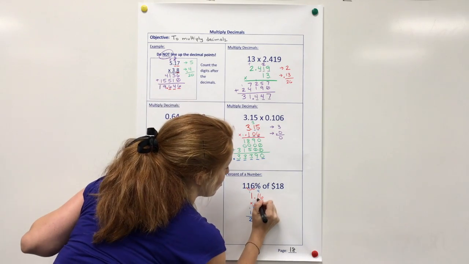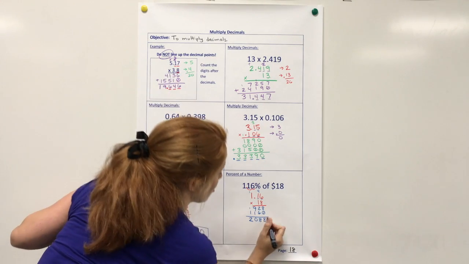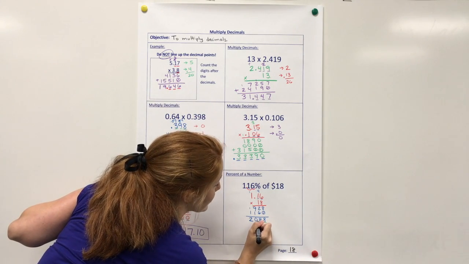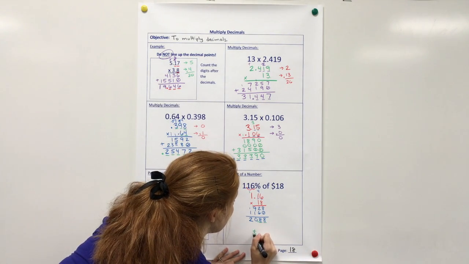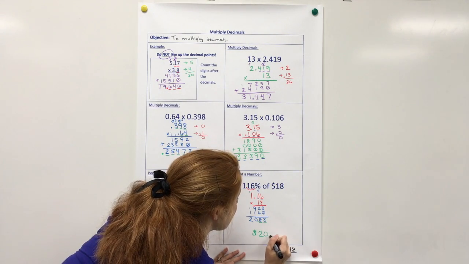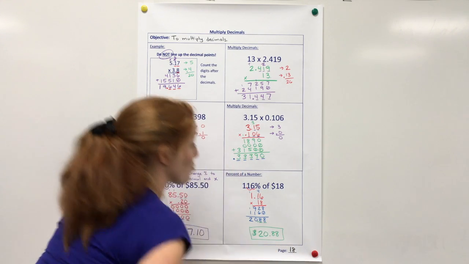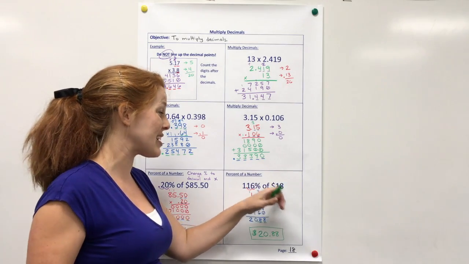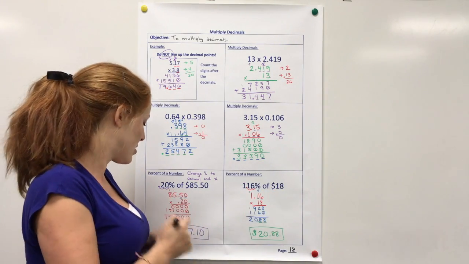I count the digits. 1, 2. There's 2 after the decimal. So 1, 2. I put my decimal here. So that would be $20.88. And again, I know that's reasonable because it's a little more than 18, and this percent is a little more than 100. Okay, keep practicing.